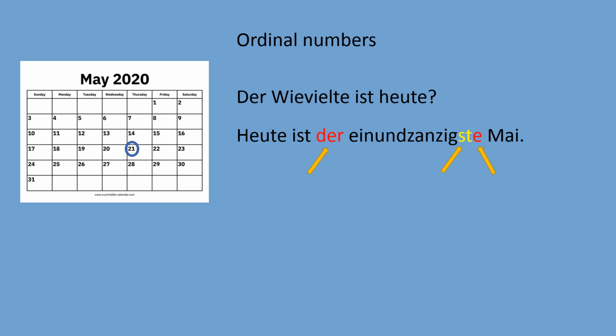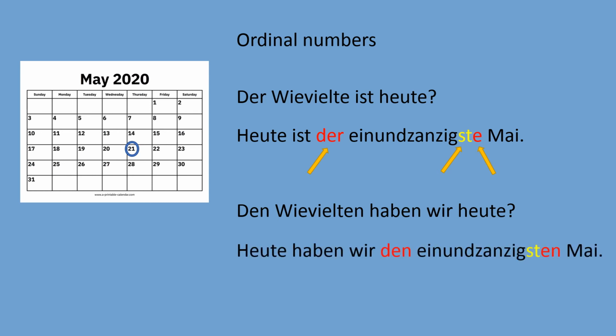In the nominative, any preceding adjectives, when we use the definite article der for masculine nouns, will have the ending e. But when we change our question and ask, what date do we have today? The date in our question will actually be our direct object. So you see, even in our question word, we use den, wievielten. And when we answer, we have today, May the 21st: heute haben wir. Now, Mai is our direct object, and because Mai is a masculine noun, we have to use the definite article den.